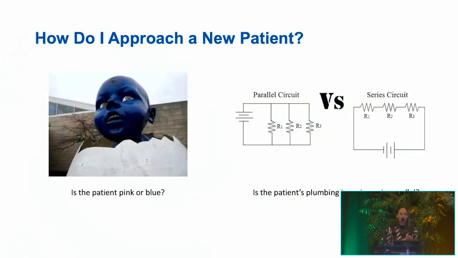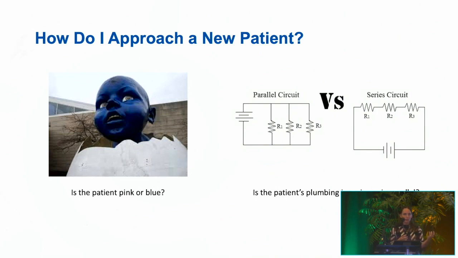When I see a patient, there are really two questions that I want to know right away. Is the patient pink or blue? And is the plumbing in series or in parallel? That's how I quantify a lot of my thinking, just to simplify it down, because these patients' anatomy gets very, very complicated. Pink or blue, we obviously know cyanotic, acyanotic, but it's not just blue as in sats of 70s.